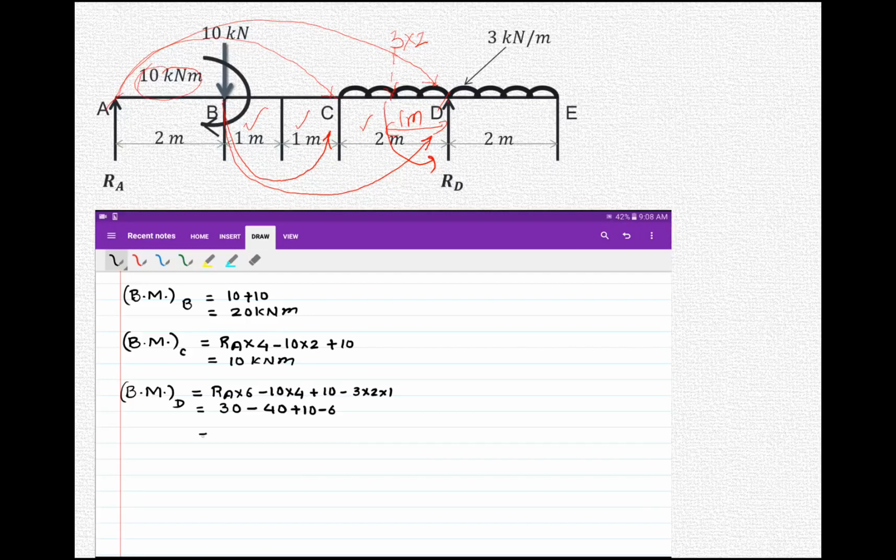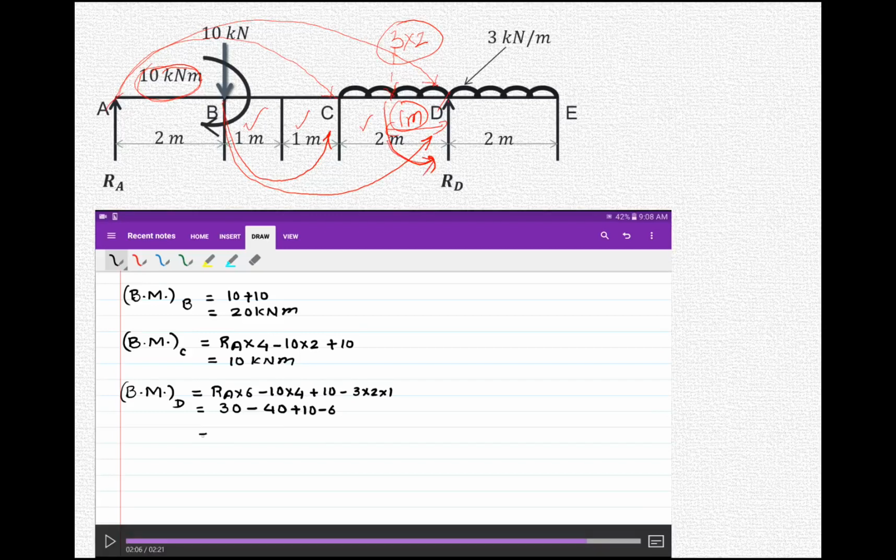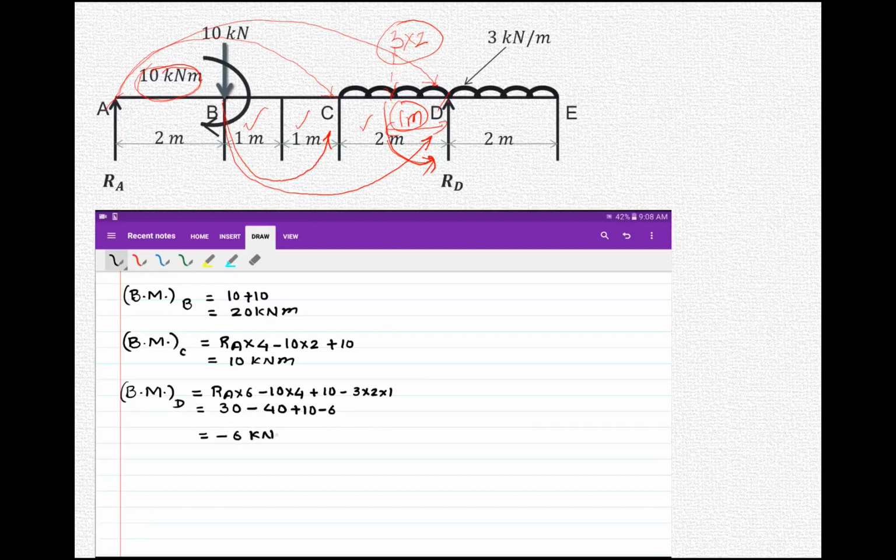This 10 kilonewton meter is already present over here at point B, and this 3 into 2, this UDL, and the perpendicular distance is 1 and it is producing anti-clockwise moment that we have already seen. So that total will be minus 6 kilonewton meter, and bending moment at point E will be 0 because there is no force that is acting on the right hand side of E.